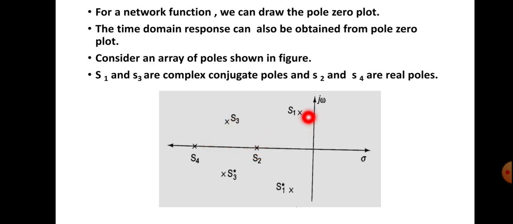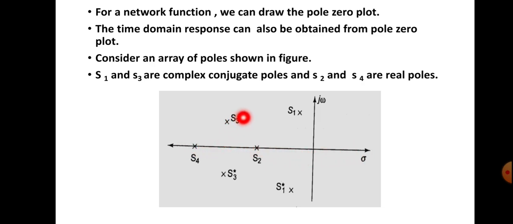Here you can see that S1 and S1 conjugate poles are there. That means both are complex conjugate poles. If one root is a plus ib, then the other will be in the a minus ib form. Similarly, you can see S2 and S4 are on the real axis. That means they correspond to real numbers.